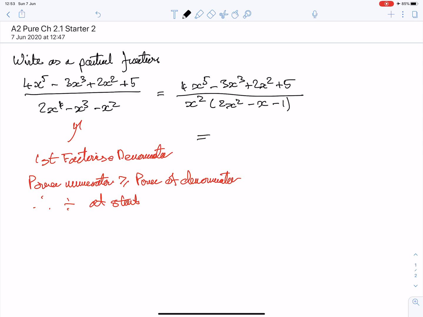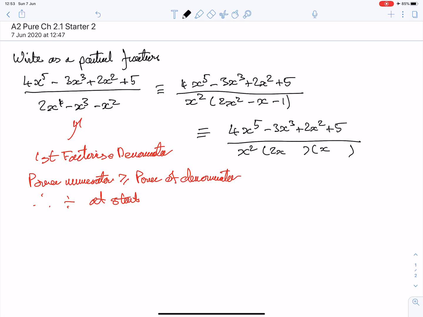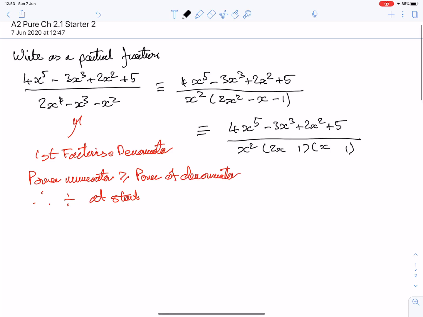Got a quadratic, so we need to factorise the quadratic. 2x, x, multiply to give minus 1, so one's going to be negative 1 and one's going to be positive 1, and we want minus an x, so it's got to be the minus 1 times the 2x and plus 1. Okay, so now we've got that, we can make further progress.